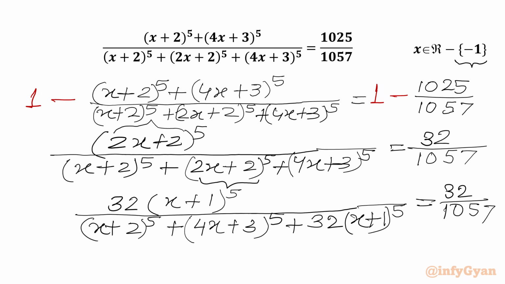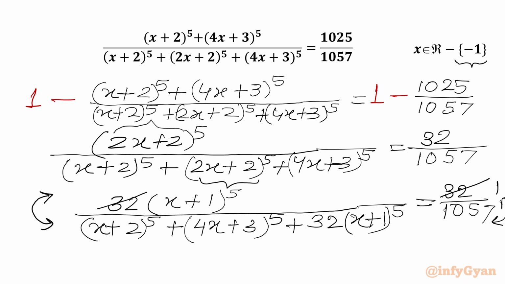Now we will divide both sides by 32. So this 32 and RHS 32 will be over. We will write numerator of RHS 1. Now I will flip our numerator and denominator. Let us consider reciprocal both sides. This side also we will flip.